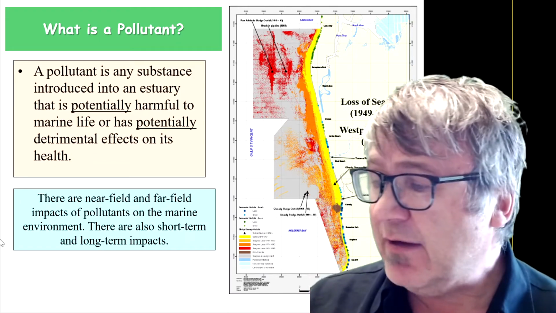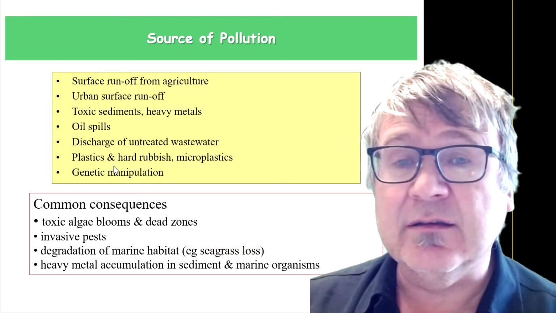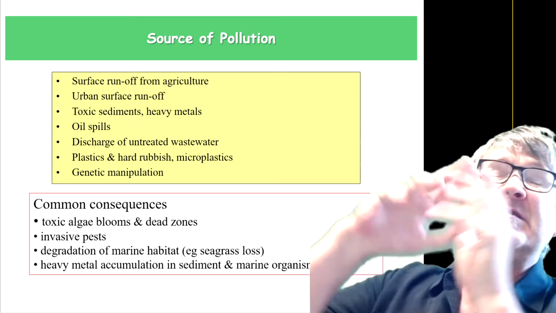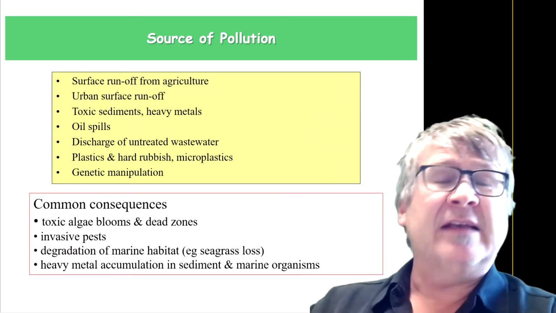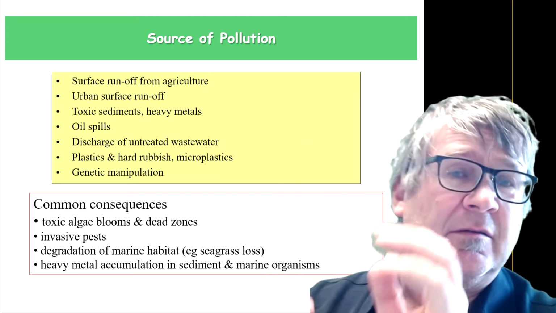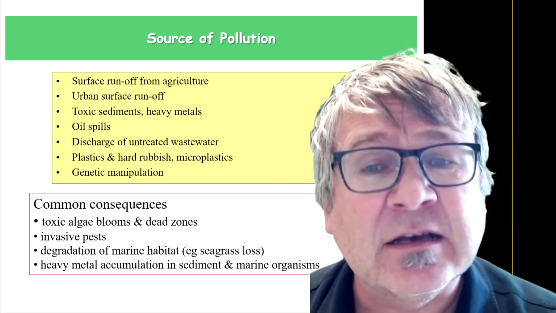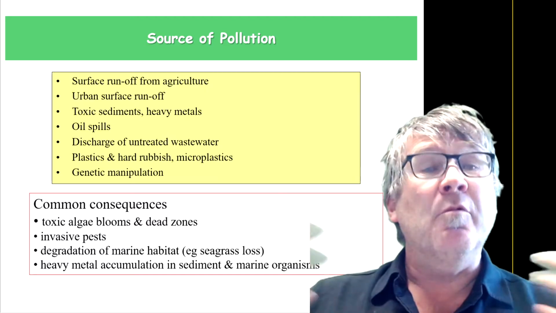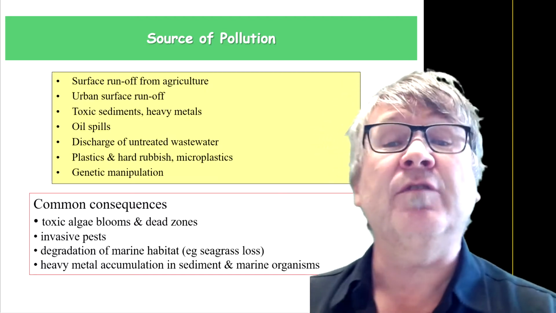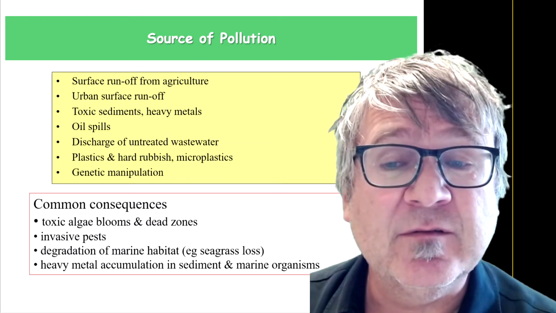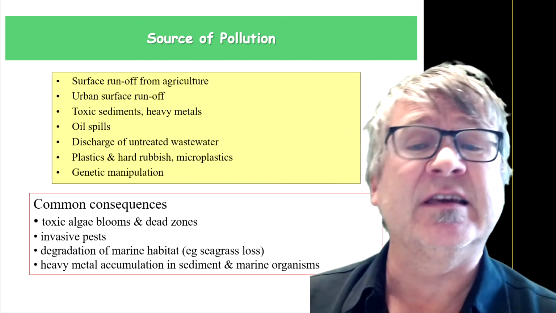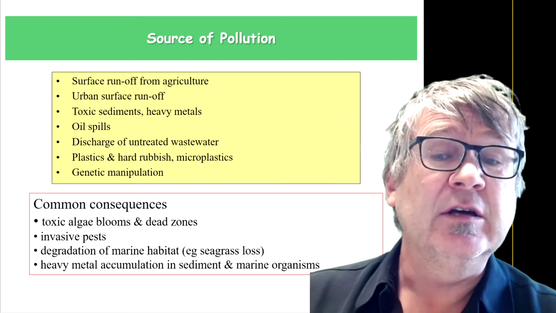All right, so let's have a look at different sources of pollution. And this is just a brainstorming exercise. You can ask your neighbor, what do you think are sources of marine pollution? Okay, surface runoff from agriculture, urban surface runoff. We talk about toxic sediments, heavy metals.